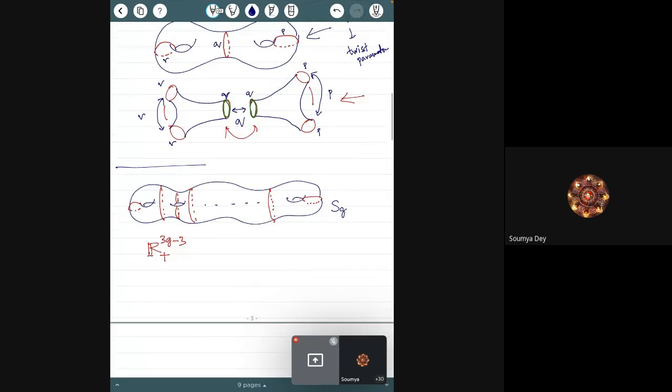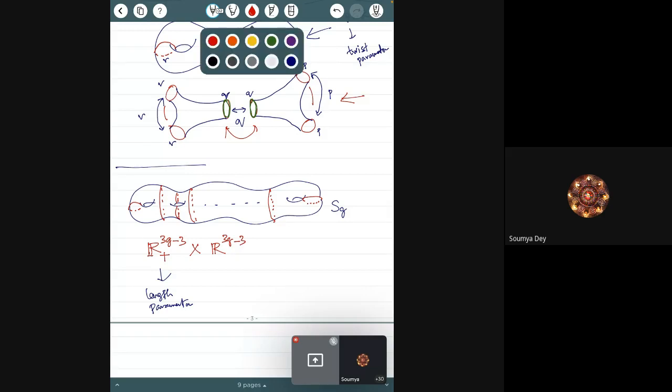So this is basically giving us length parameters. And you have another set of choices, R to the 3g minus 3. This is coming from the twist parameters.